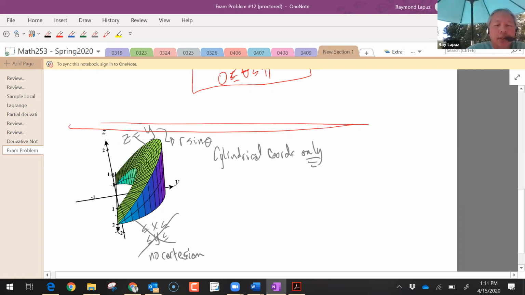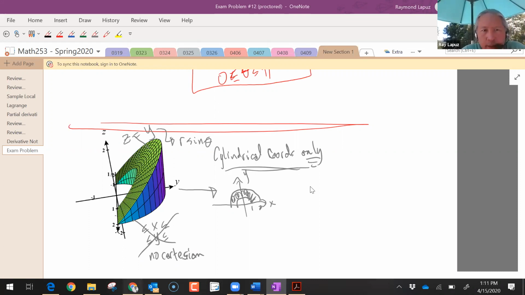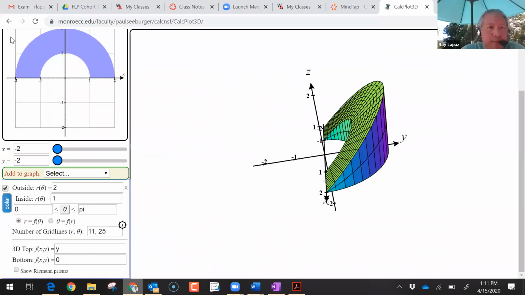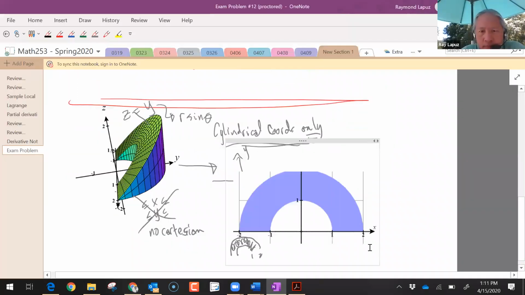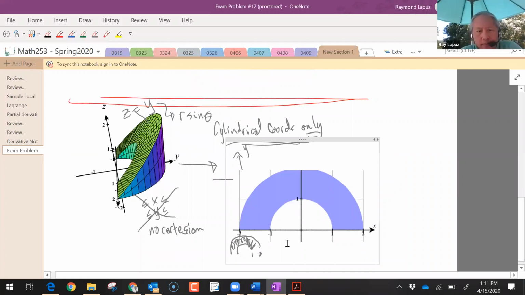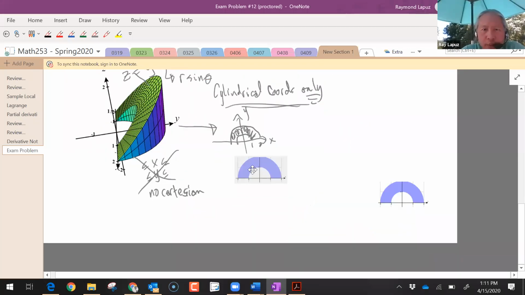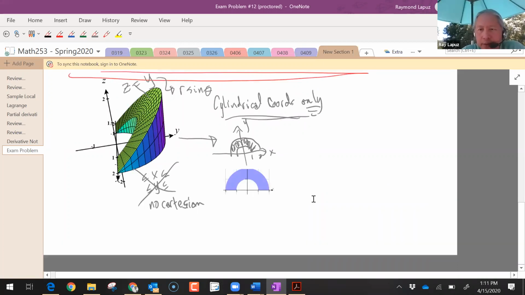So go straight to cylindrical coordinates, and what happens here is the shadow on the xy plane, if we look at the original drawing again, you can see it here, is just one of these annulus things.